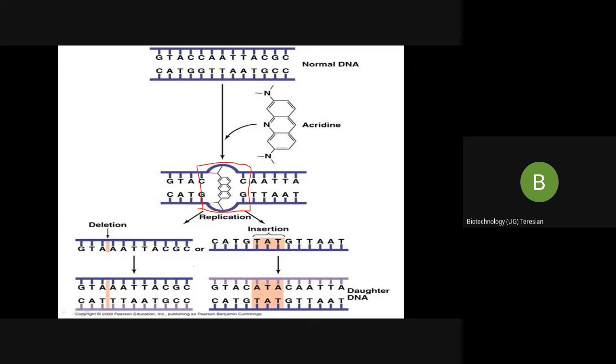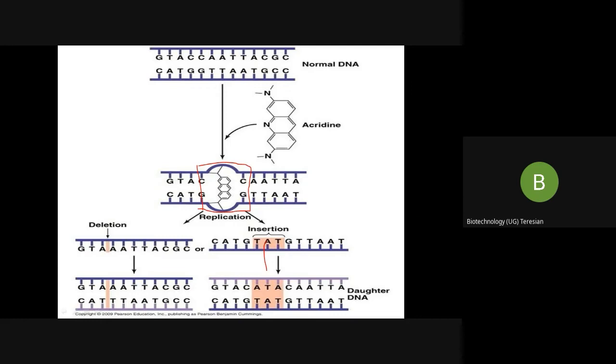Or another phenomenon can happen wherein insertion can occur, wherever there is acridine. Here you can see that insertion has occurred and PAT is added. That can be randomly added by your polymerase. So the opposite strand has become ATA.